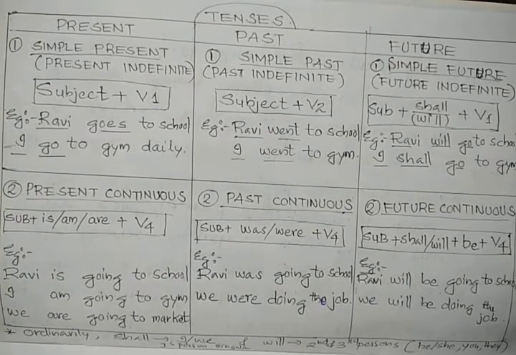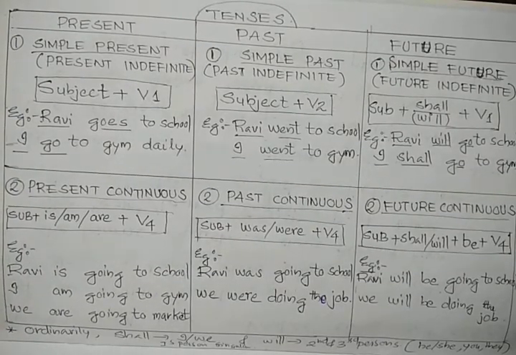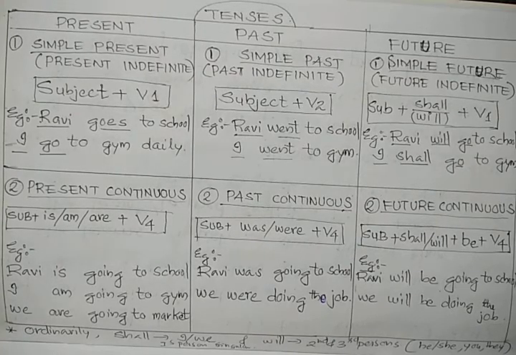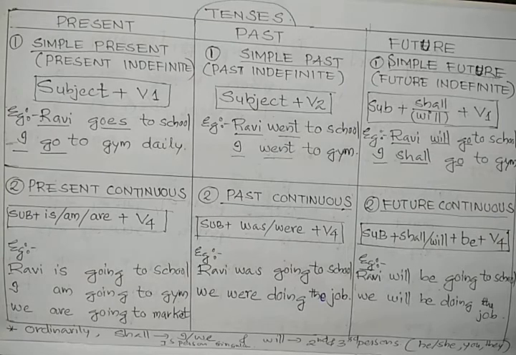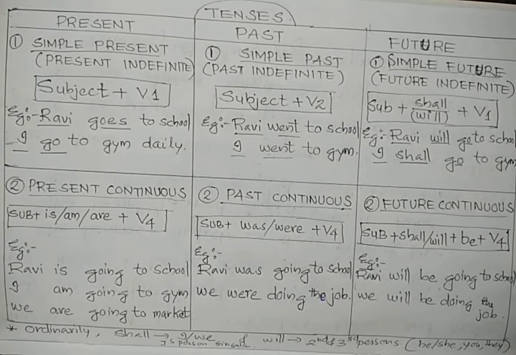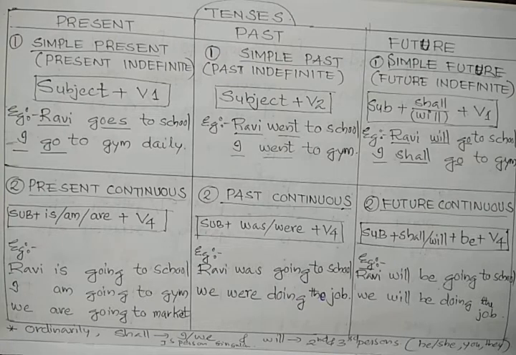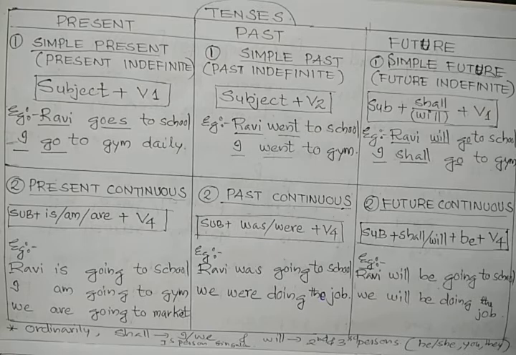It has four subcategories again. The first one is simple present, simple past, simple future. It is also called present indefinite, past indefinite, future indefinite.